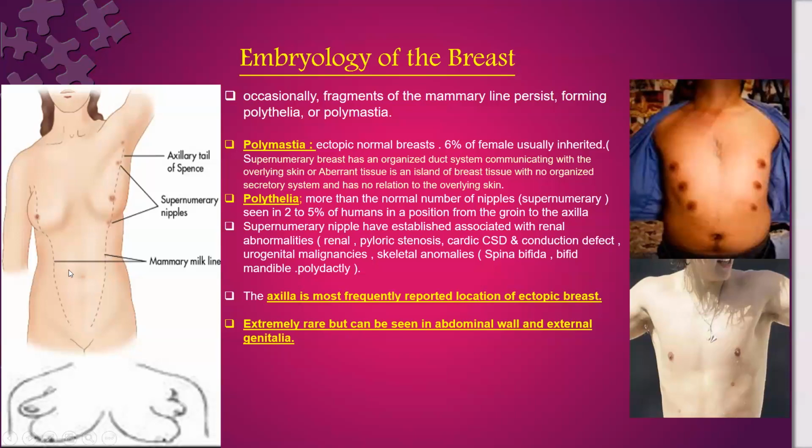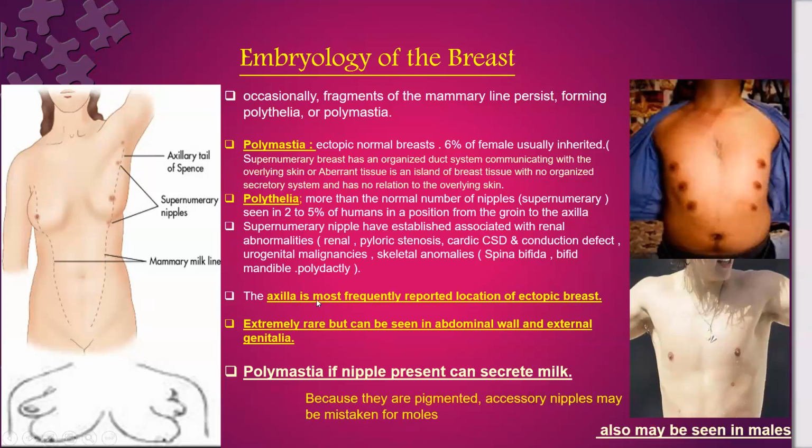So there is a case report of a mass present in the abdominal wall, found to be just a mass in ectopic breast tissue, and another case of the external genitalia also presenting with a mass arising in ectopic breast tissue. If the nipple is present in a polymastia with supernumerary breast tissue, it can secrete milk like the regular breast.